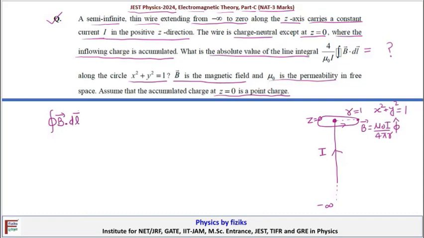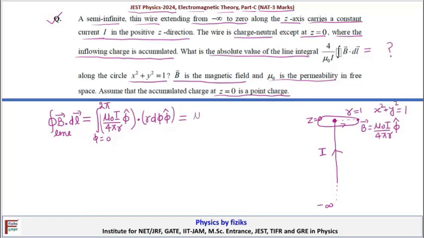At this point there is magnetic field due to the current only, and there will be no magnetic field due to the accumulated charge. We will get only the magnetic field due to current. Now if we calculate this value, B is given by mu naught I by 4 pi r, and the direction will be phi cap. dl is given by r d phi phi cap, where phi varies from 0 to 2 pi.